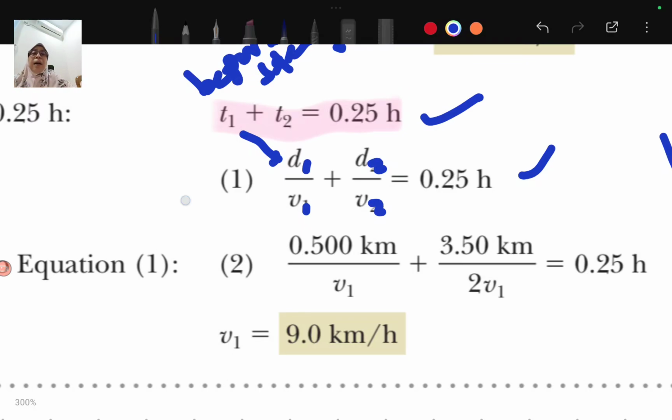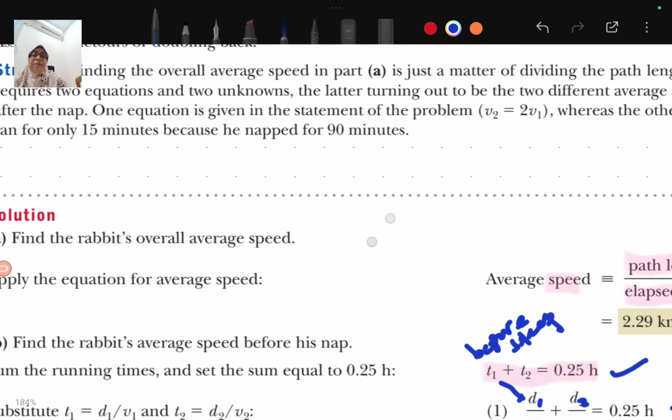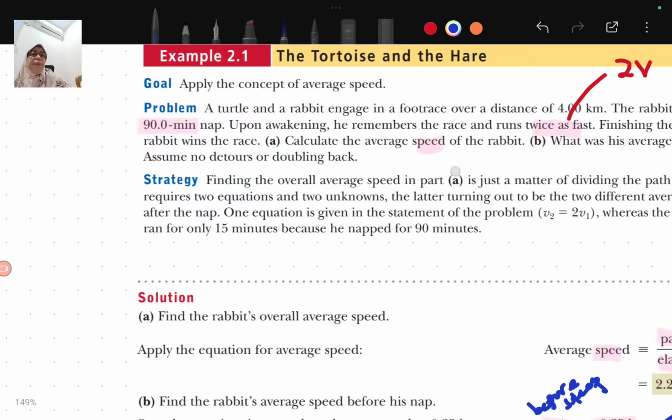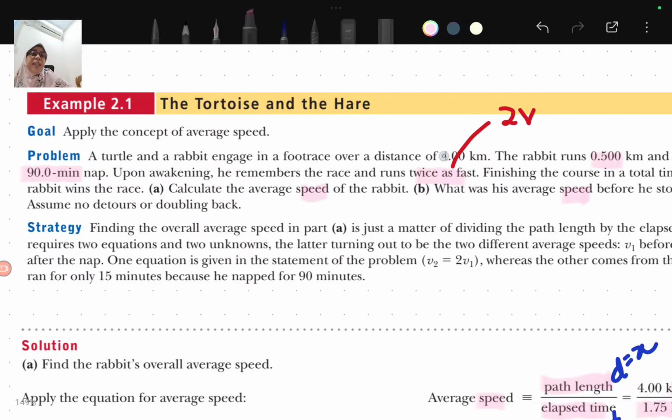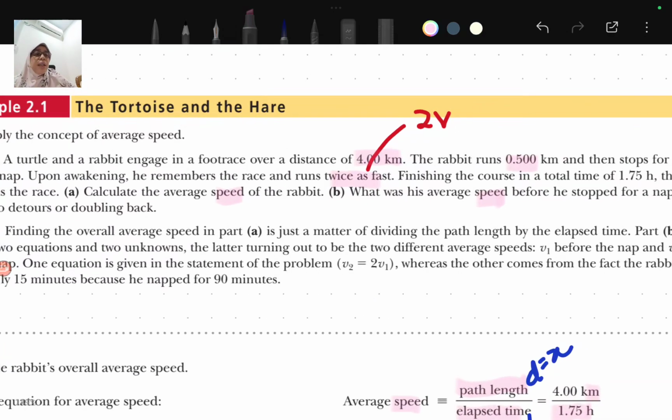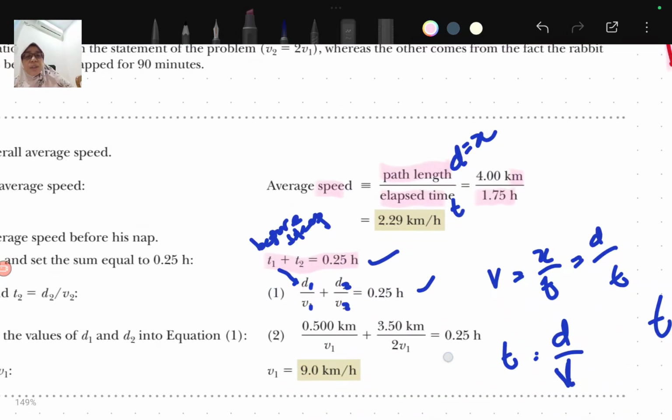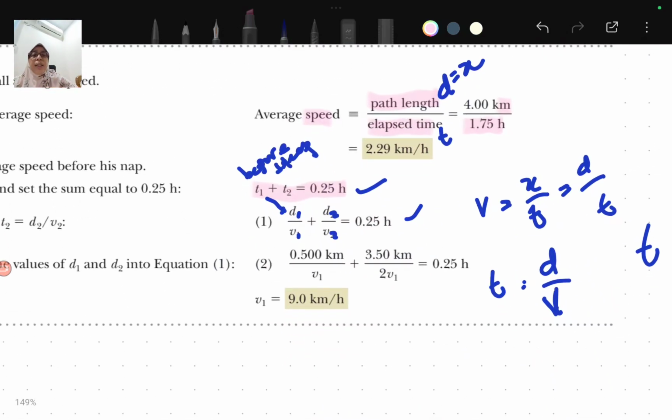The first distance he travels, look again at the question: the total distance is 4 kilometers, but in the first place he ran 0.5 kilometer. So within time T1, he ran 0.5 kilometer and the speed at that moment is v1.